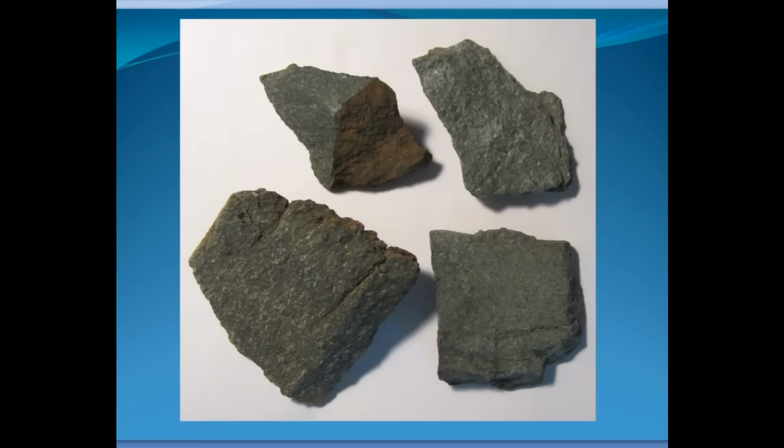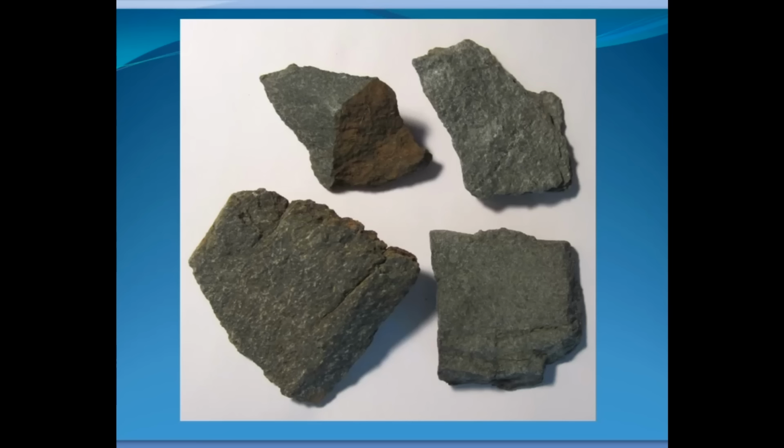But these 4 rocks are from 4 very different and very widely scattered gold fields. The upper one on the right is from California. The upper one on the left is from West Africa. The lower one on the left is from Australia.